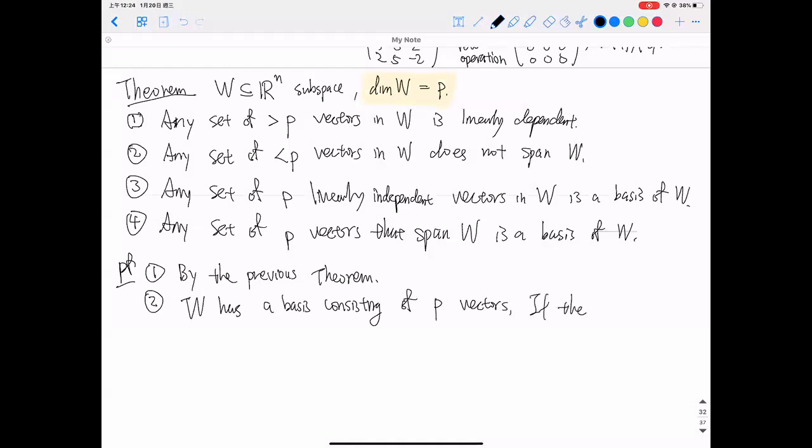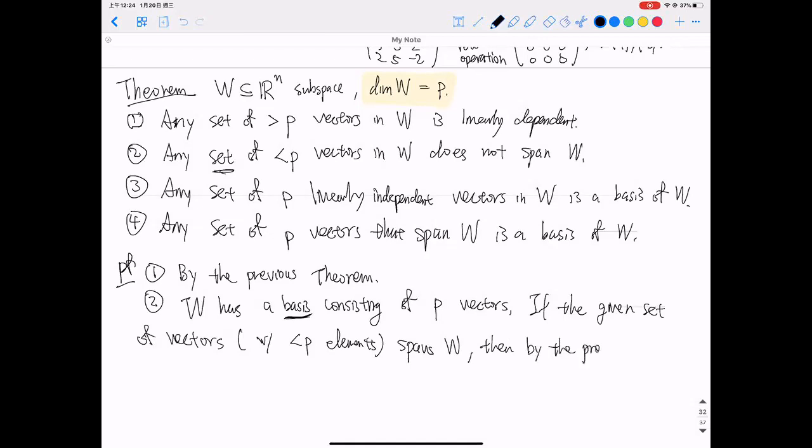If the given set of vectors with less than P elements spans W, then because this set has fewer than P elements, your basis, which has P elements, is forced by the theorem to be linearly dependent.